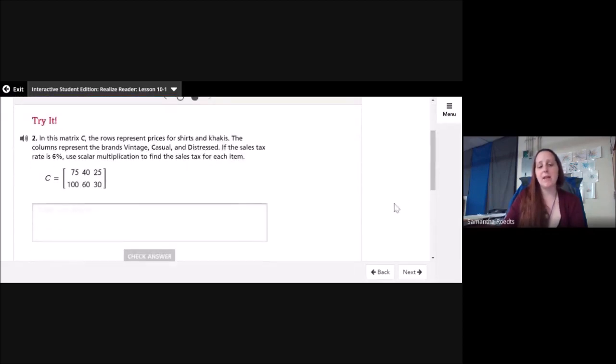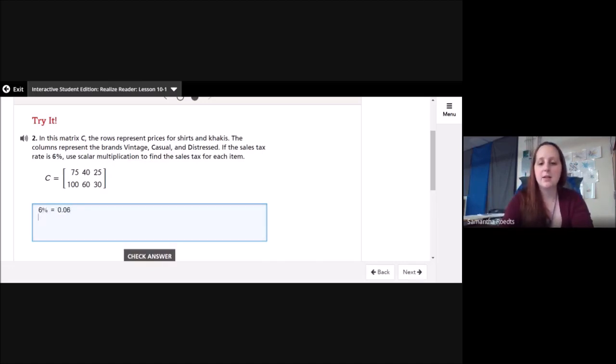All right, let's try it. In this matrix C, the rows represent prices of shirts and khakis. The columns represent the brands vintage, casual, and distressed. If the sales tax rate is 6%, use scalar multiplication to find the sales tax for each item. So I need to multiply this whole matrix by 6%. So 6% can become 0.06.